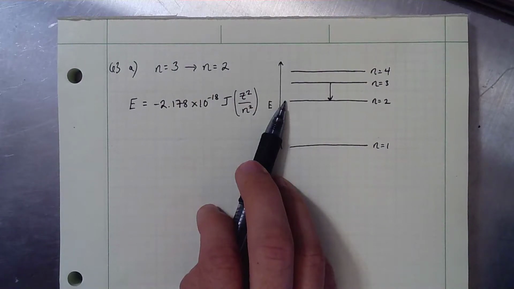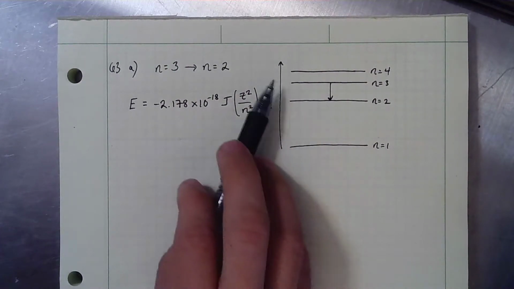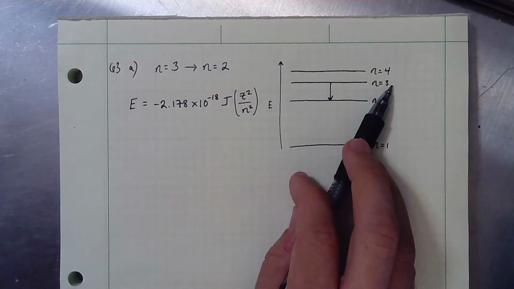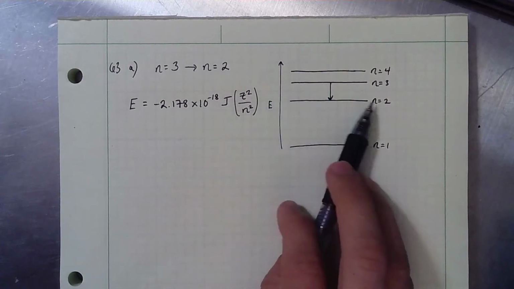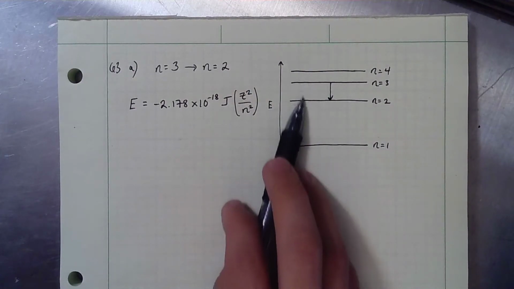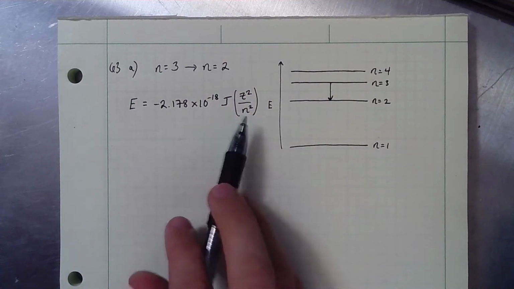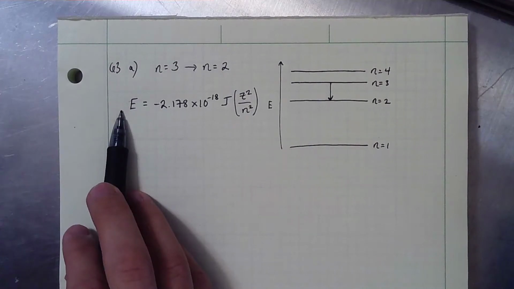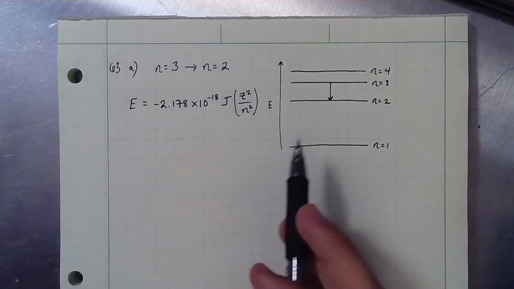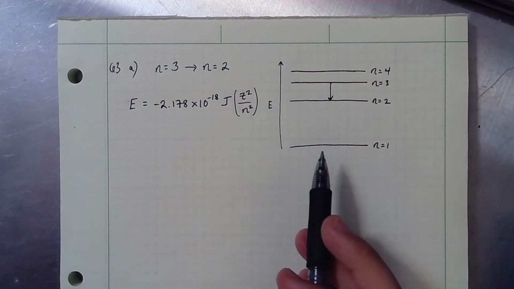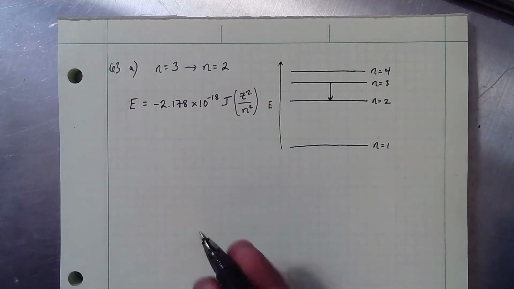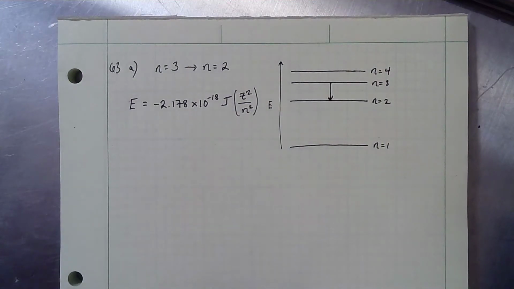What we need to do is calculate the energy at n equals 3, the energy at n equals 2, and find the difference between those two energy levels. We can then use that energy to calculate the wavelength of light that's emitted, and that's what the first part of the problem asks us to do.